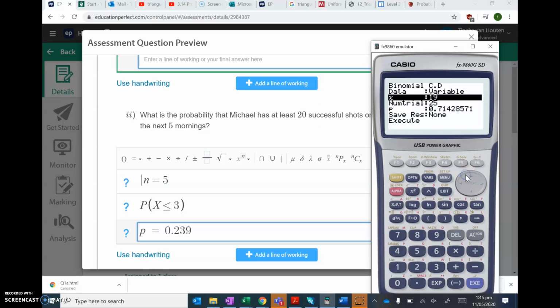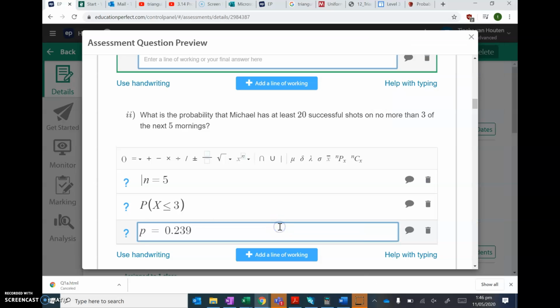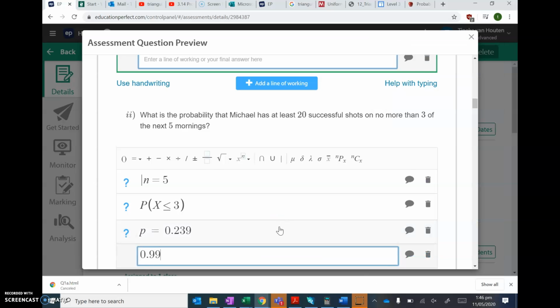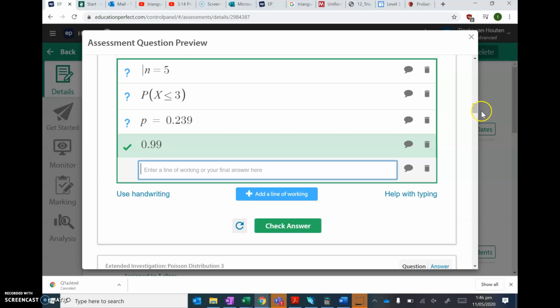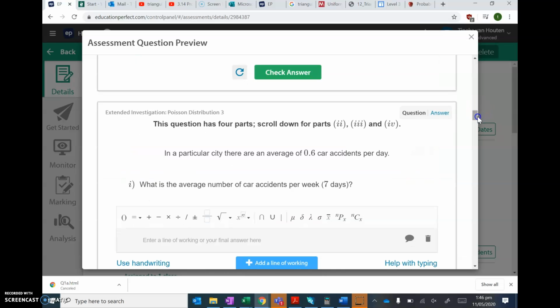So my X is 3, my N is 5, and my P is 0.239. And so my answer is 0.99. Okay, I'm going to stop there because the next ones are on Poisson.